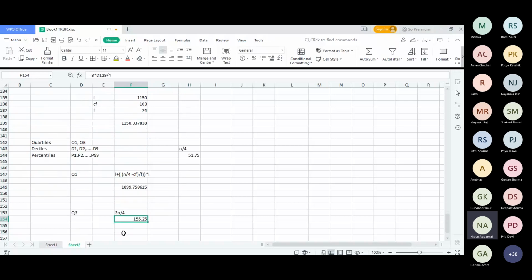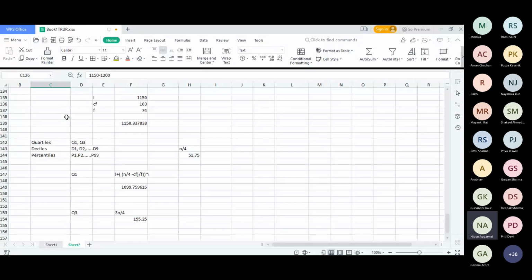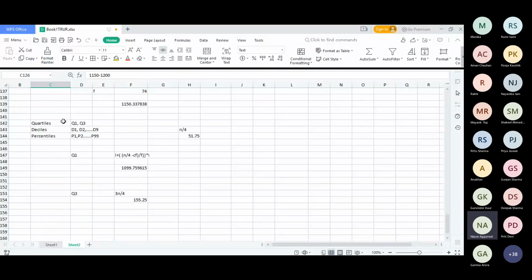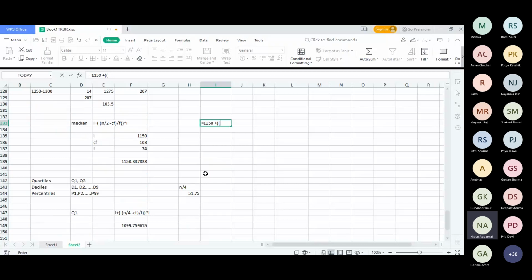Now we have to check where this 155.25 lies. So 155.25 we will see lies in this class. So 1150 to 1200 is the Q3 class. So we apply the formula for this, so it becomes L plus, so L is 1150 plus 3n by 4.